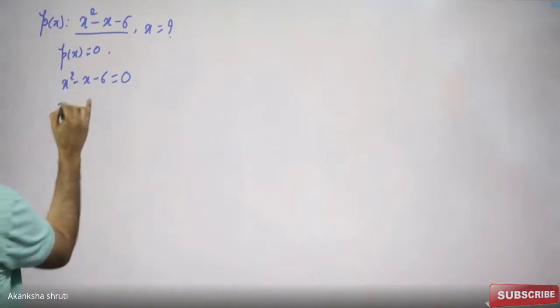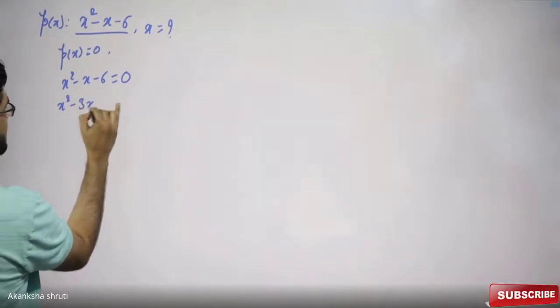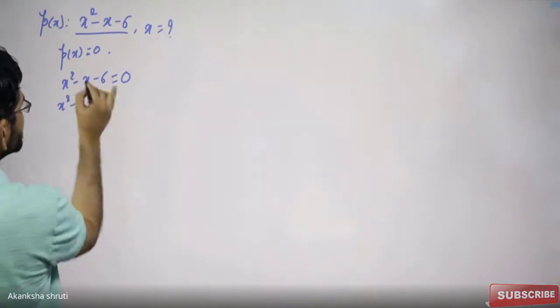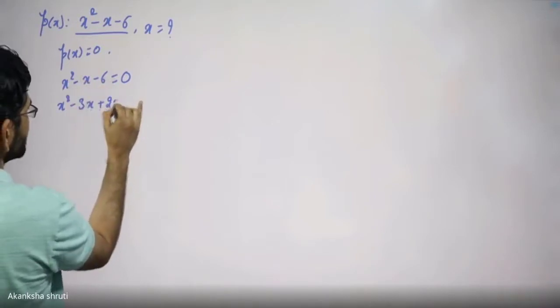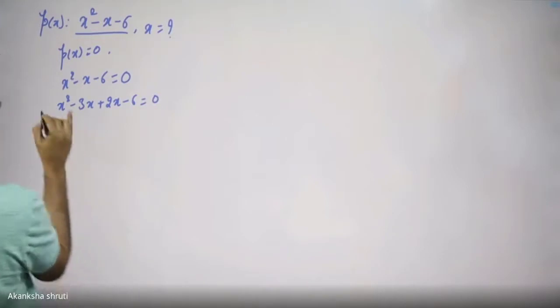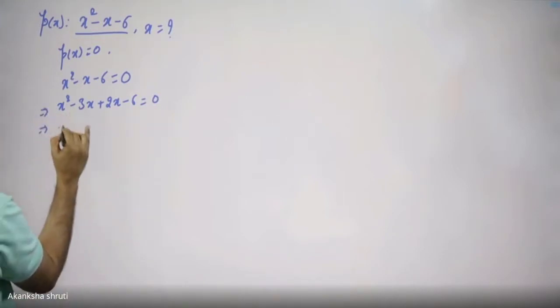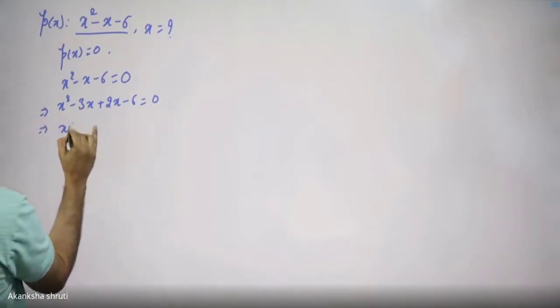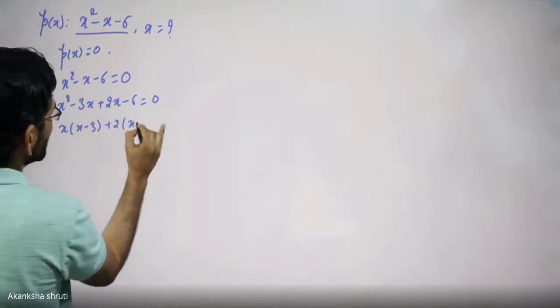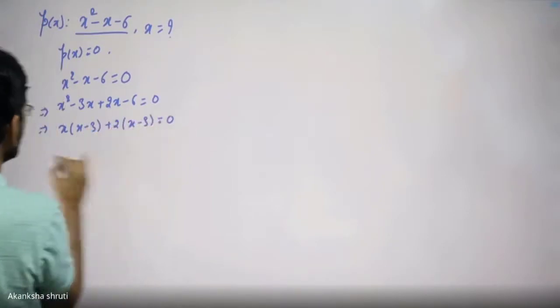We can factorize by splitting the middle term, as x square minus 3x plus 2x minus 6, which we have learned in our regular class. So many questions we have solved. Taking x outside, x minus 3, plus 2 outside, x minus 3, equals 0.